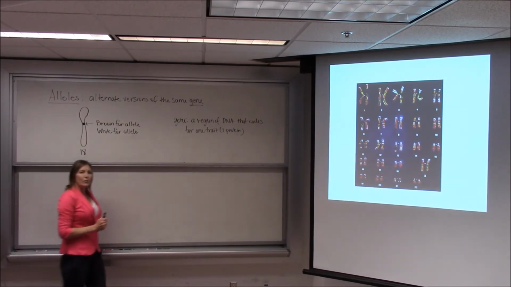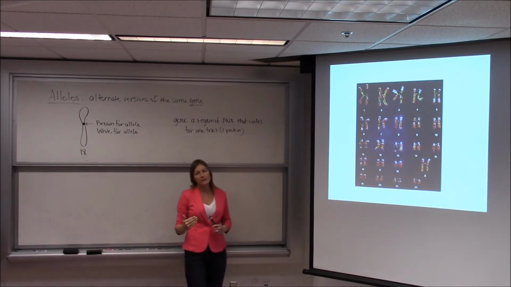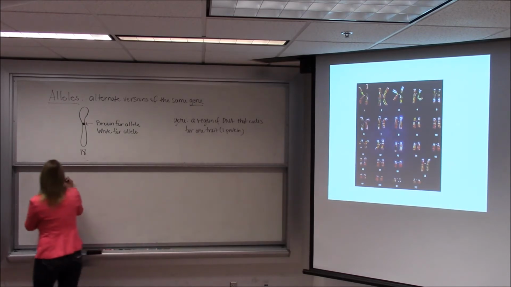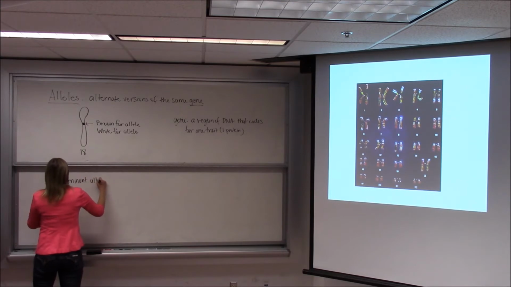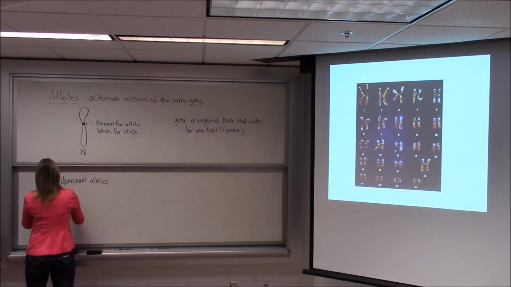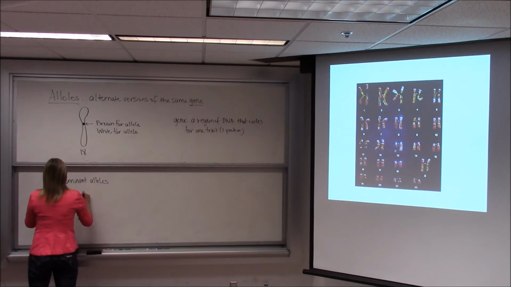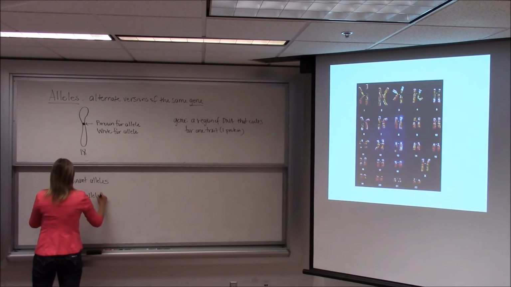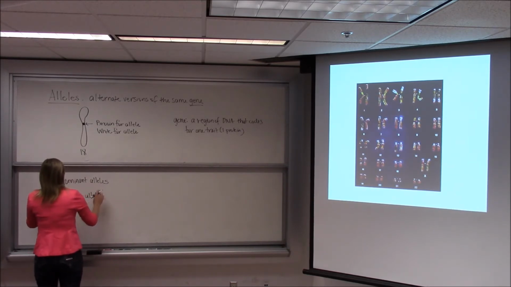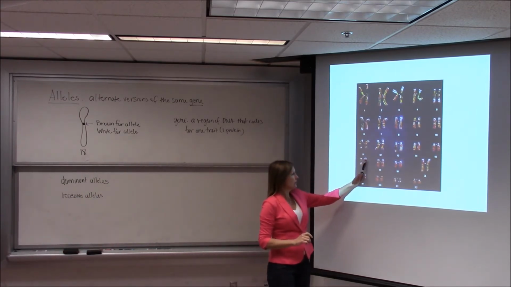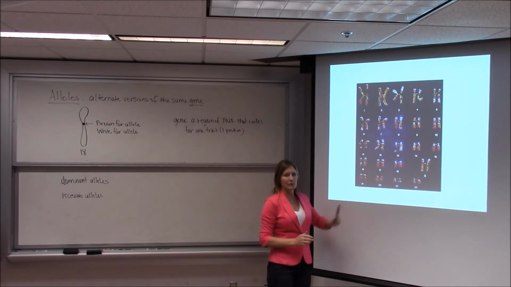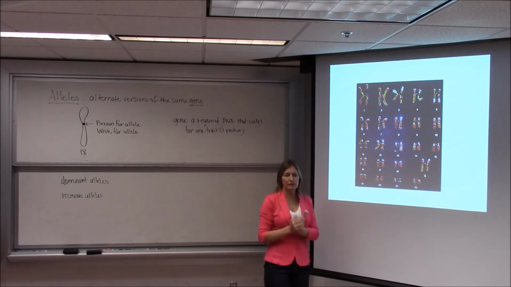We know that we have what are called dominant alleles and what are called recessive alleles. Those terms are very important also in understanding inheritance, and we'll further define them as we go along. We also know that since we get a chromosome from mom and a chromosome from dad, we have two alleles.